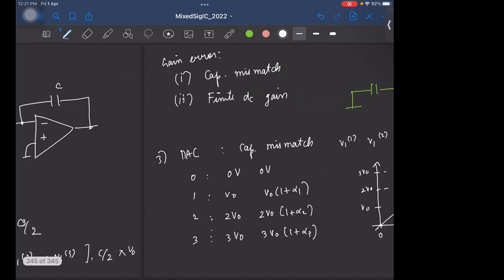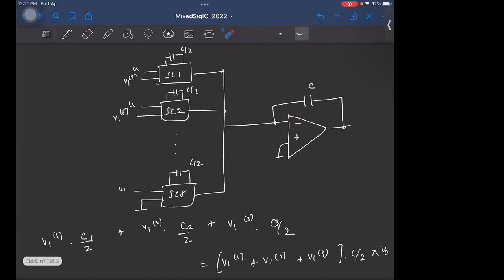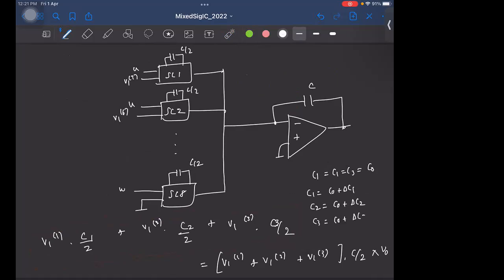Because remember that this is the final output we realize. And each of these C1, C2, C3, ideally their values must be equal to some C0. But in practice, C1 will be C0 plus delta C1, C2 will be C0 plus delta C2, C3 will be C0 plus delta C3.